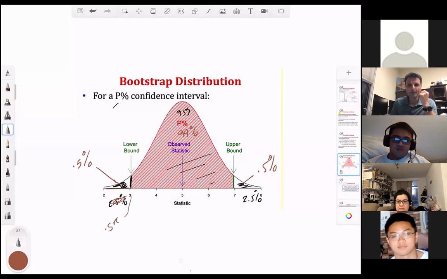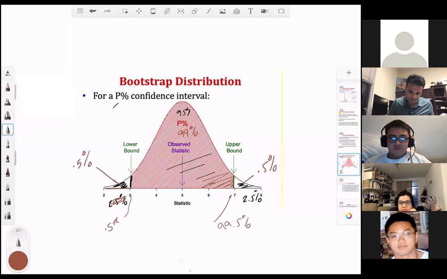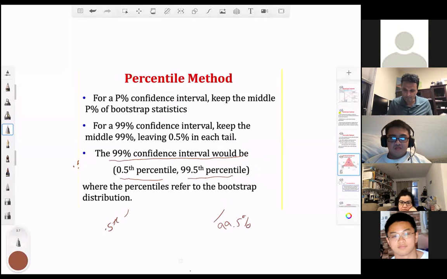I mean, 0.5% of the data is there, and this will be the 99.5 percentile, so all the way to here will be 99.5% of the data.